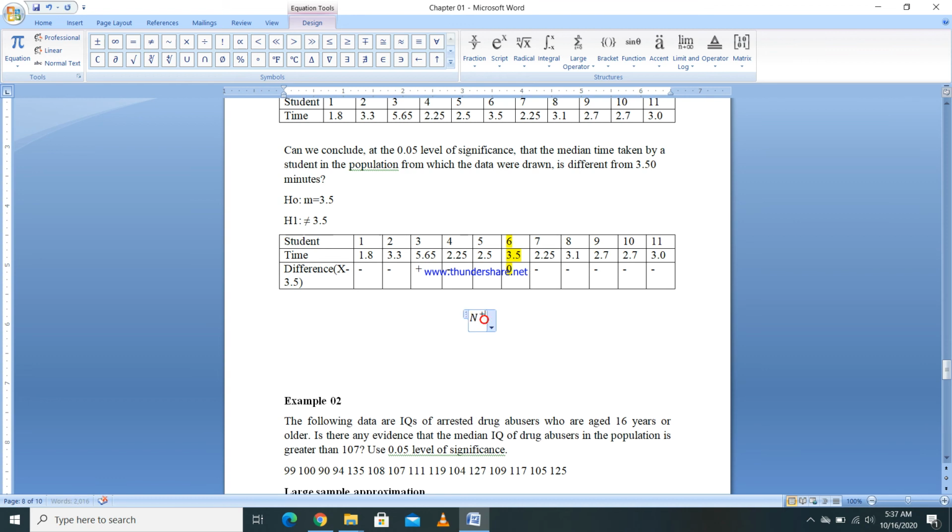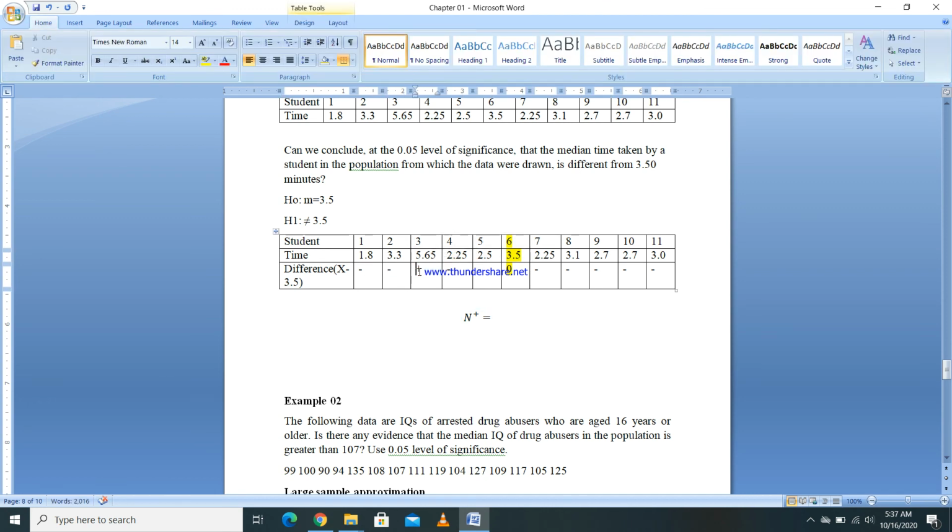So that is the number of positive differences. So how many positive differences do you have here? We have only one positive difference, right? So n plus would be equal to 1.